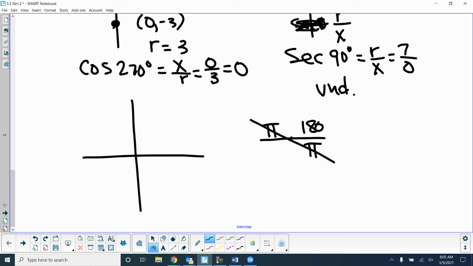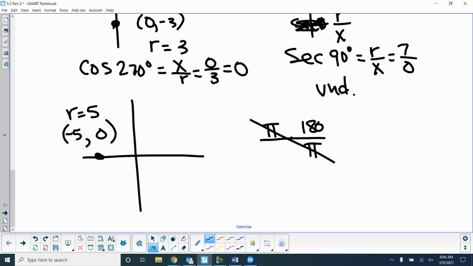So how many degrees is it? 180. So we're over here, right? So my x or my y value is 0. Tanner, pick an x value. -5. -5, right. My r is still positive though. My r is from the origin to there, but it's always positive no matter where you're at.